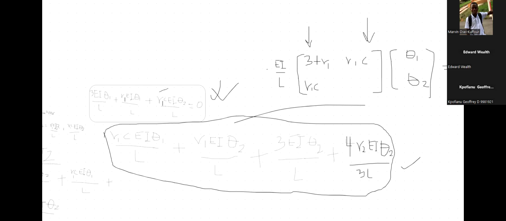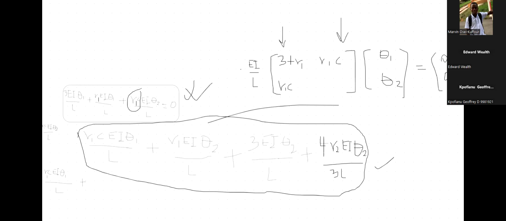Then when you come to this side to equation 2, what do we have? For theta 2, we have R1C, EI theta 2, so it is just R1C. And plus what? 3 plus what?